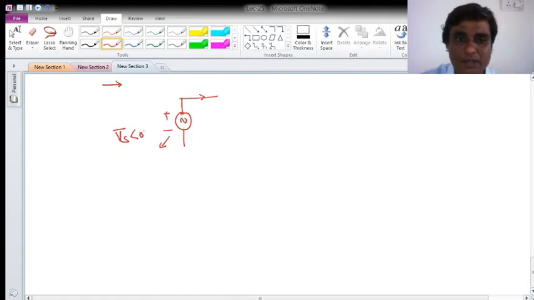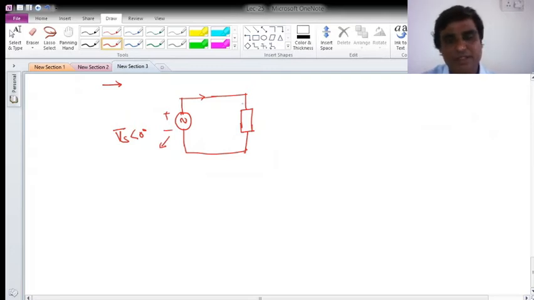Vs phasor with some angle, 0 degree, and I am supplying it to the consumer, and the consumer has a specific load. For example, say that load is Z phasor, and through the transmission line some current I phasor will flow to it.